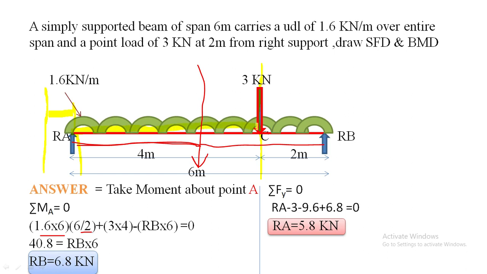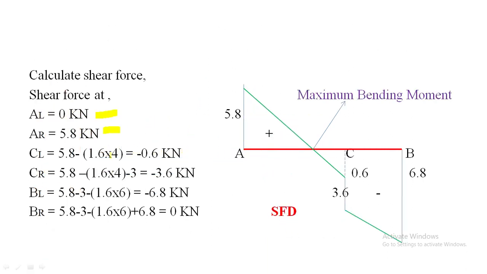So this UDL is converted into a point load. While converting into point load, consider 1.6 into distance, here consider only 4 meter, not 6 meter, because here we are looking only at A to C UDL, not A to B. So 1.6 into 4, the result is minus 0.6 kilonewton.